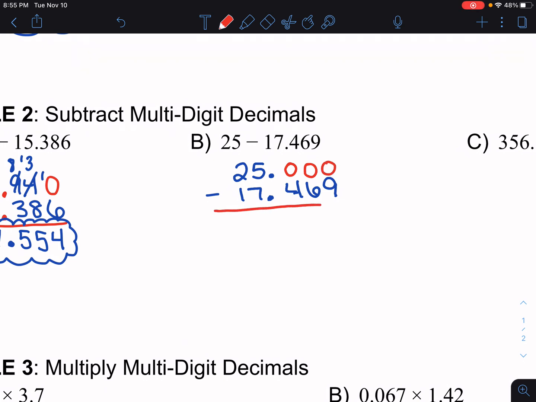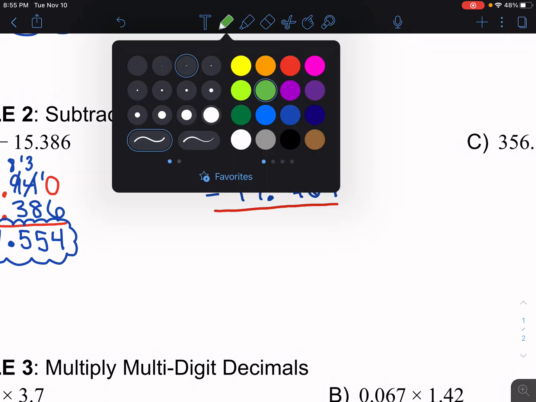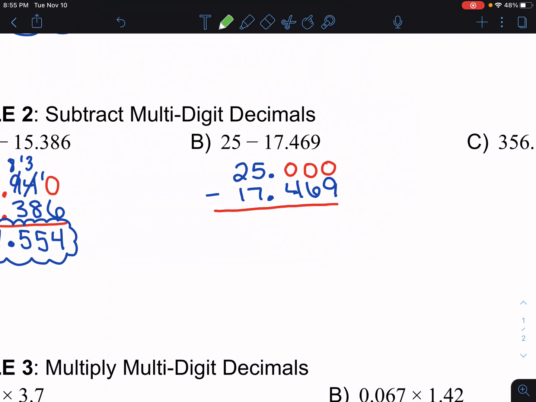So as I'm subtracting and borrowing, I'm going to go across all 3 numbers. So I have to borrow from the 5 first. This becomes a 10. Well, I have to borrow from this. This becomes a 10. I have to borrow from this. And the last 0 becomes a 10.